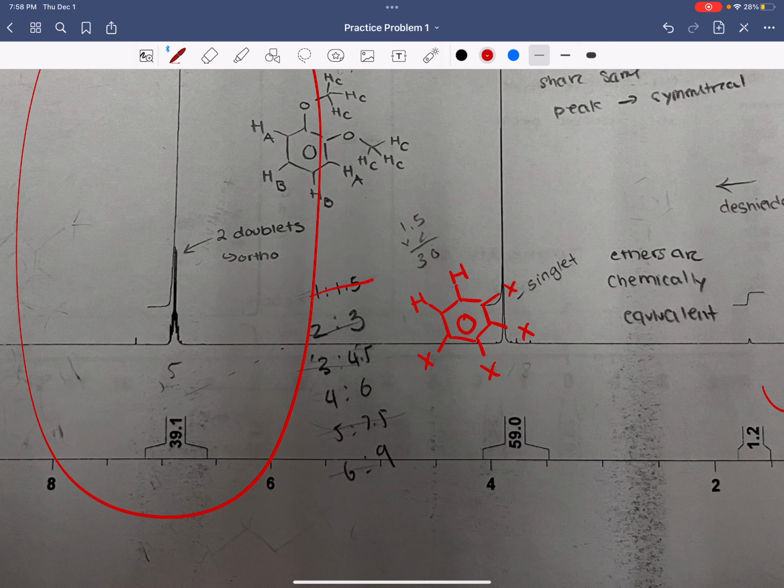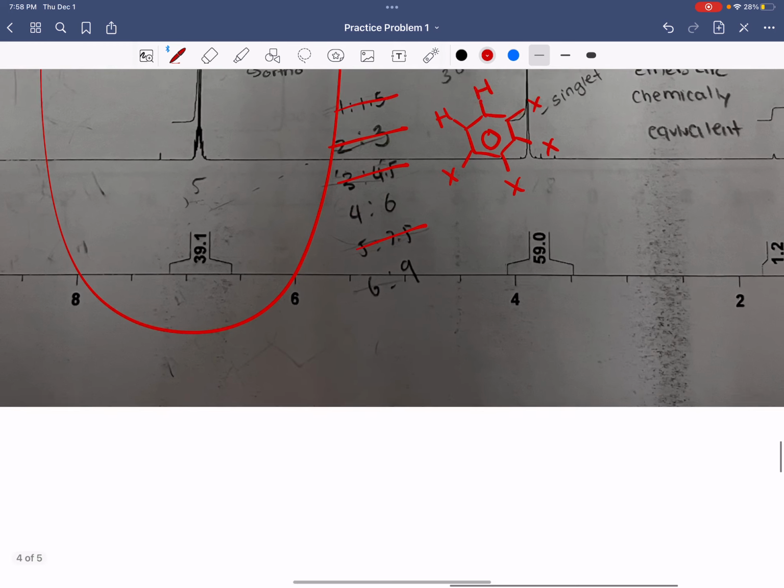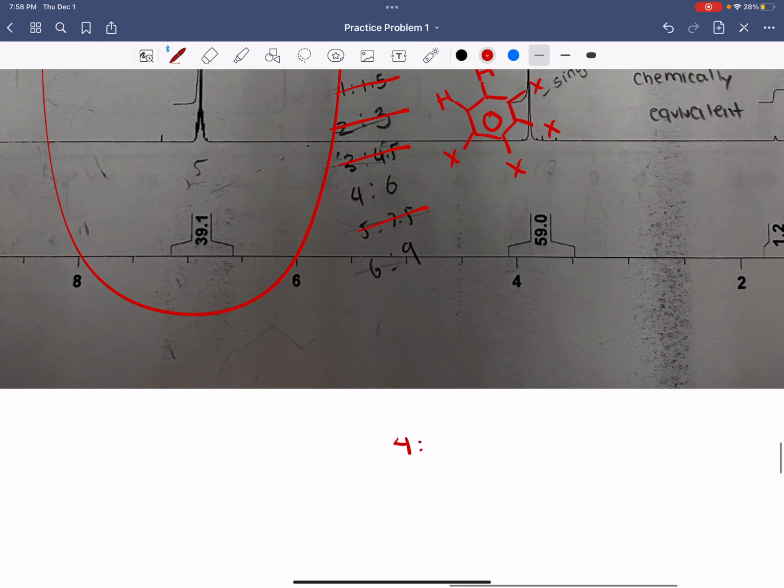So I crossed out this, and that, and I also crossed out the 2-to-3 ratio because we talked about this. So the only options left are 4-to-6 and 6-to-9.